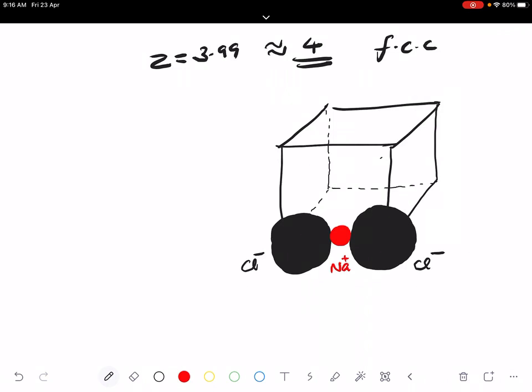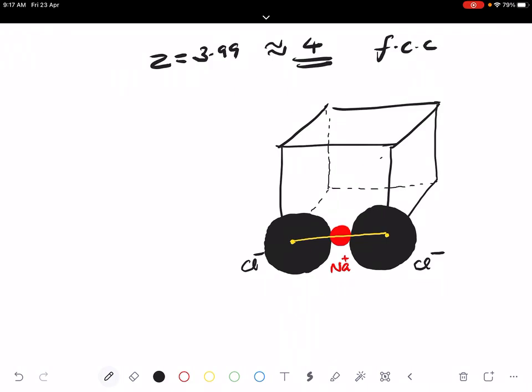So edge length means from this center to that center. This is the edge length. Edge length means from its center, that is the Cl minus center, to that Cl minus center.